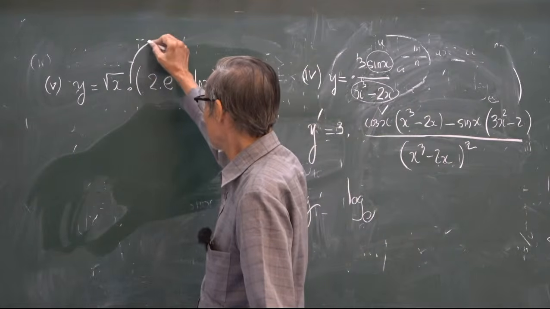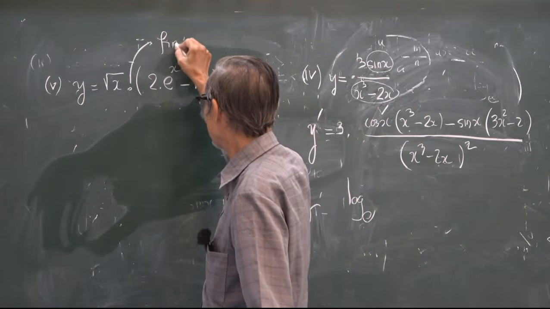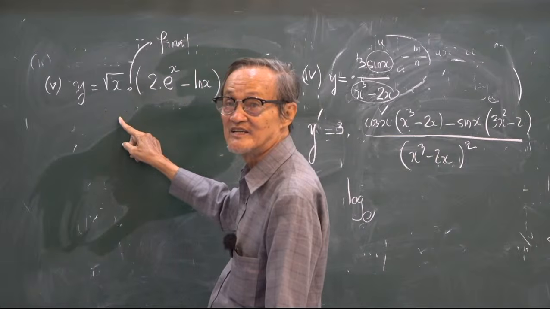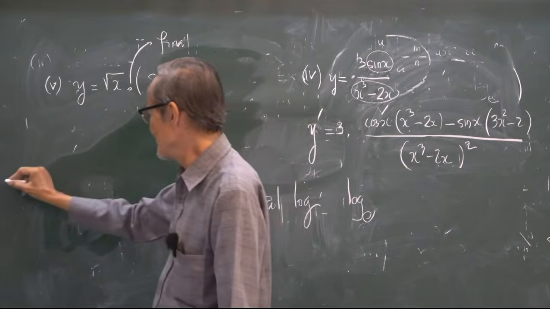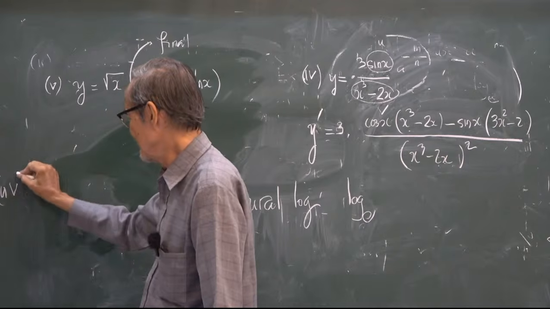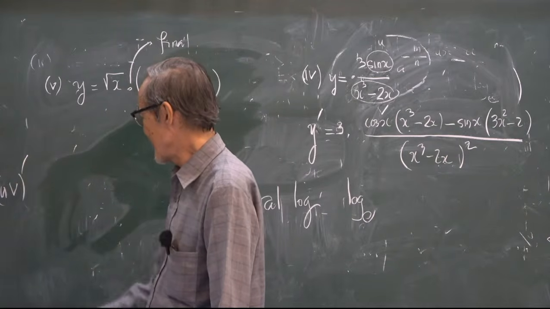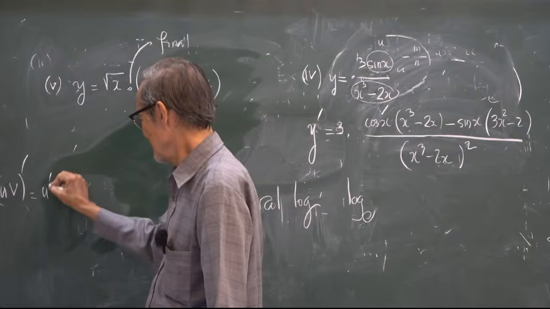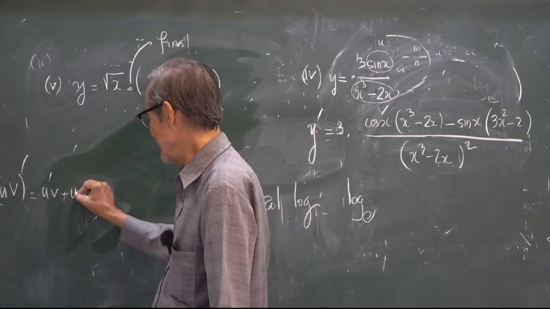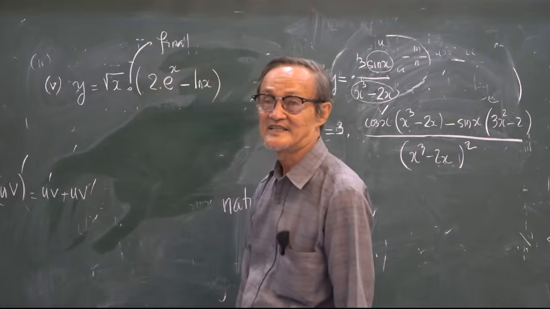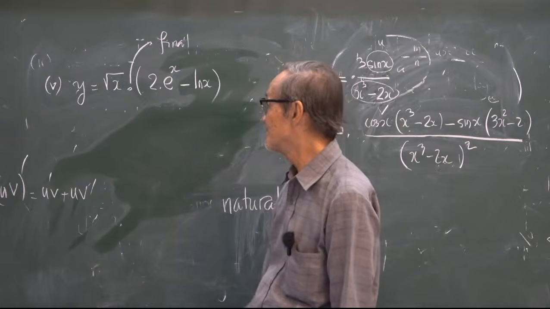The final operation here is a product. So we use the formula U V prime: U prime V plus U V prime. Okay.